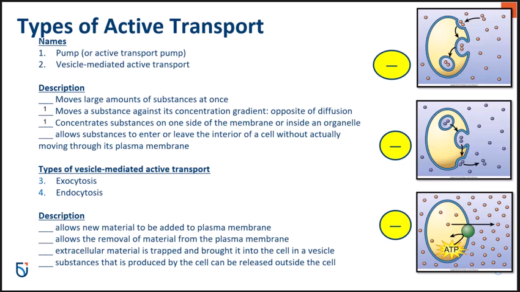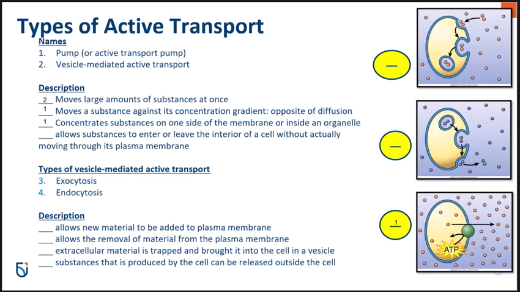So it's moving in the opposite direction, really working to concentrate substances more on one side of the membrane, versus, say, diffusion, which was trying to balance things out on either side. So here we have an example of a pump where we have this integral membrane protein that's pumping solutes from the inside of the cell, where they're in lower concentration, against their concentration gradient to an area where there's more solutes present, and you can see that ATP is required.